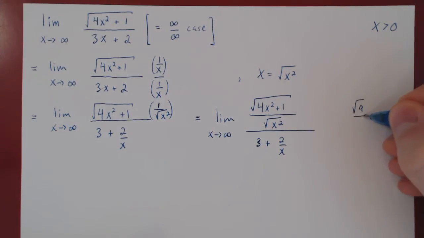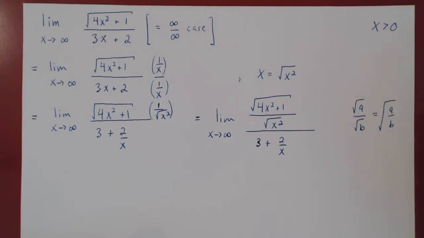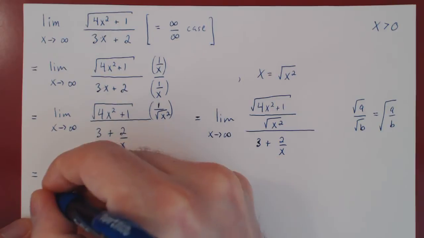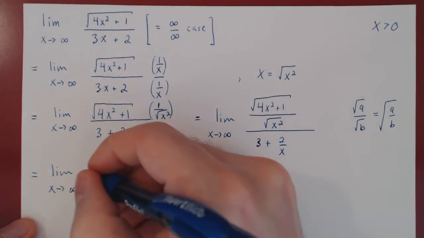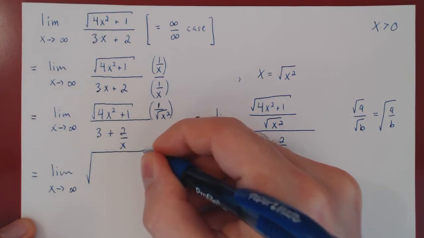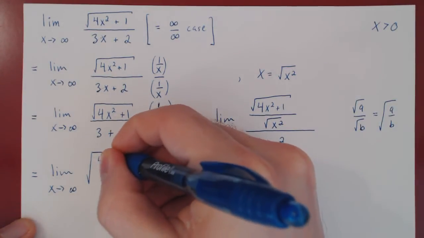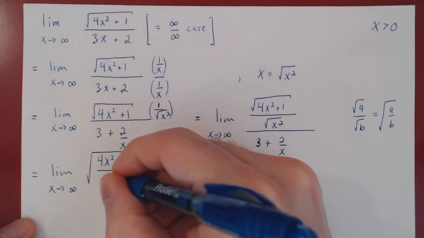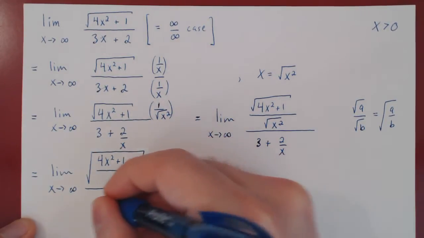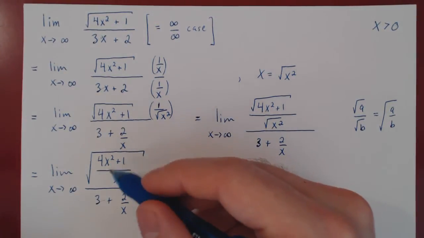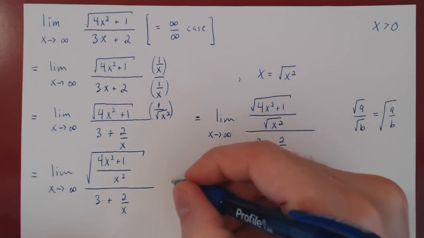The root of a over the root of b is just the square root of a over b. So we'll use this idea here. This is the limit as x goes to infinity. Our numerator, the root of 4x squared plus 1 over x squared, over 3 plus 2 over x. And now we can obviously divide through both terms by x squared.